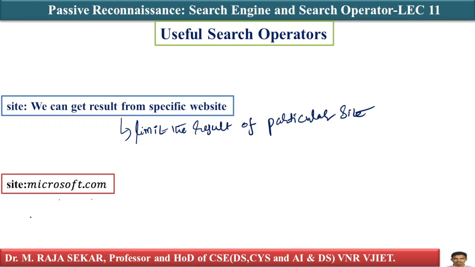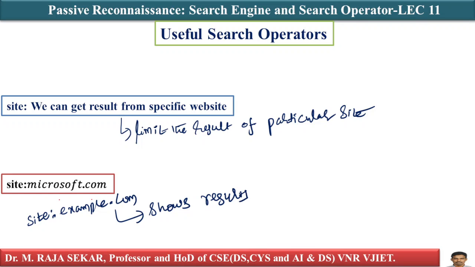Let me say something like this: site:example.com. What does it mean? It shows results only from the example.com domain, isn't it?